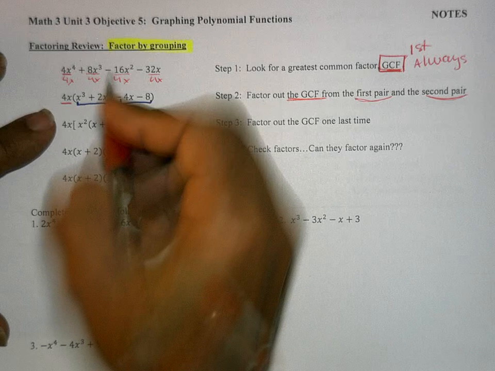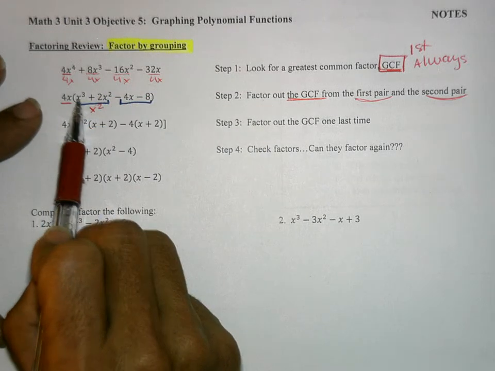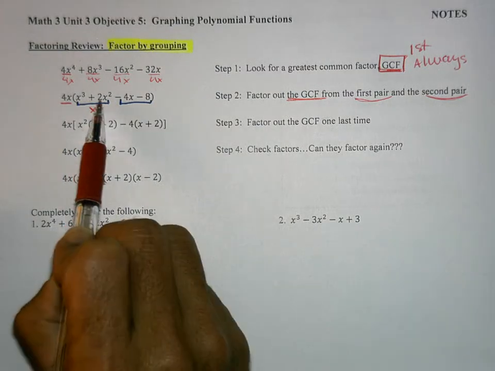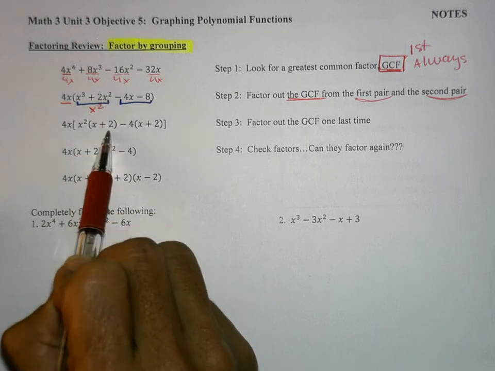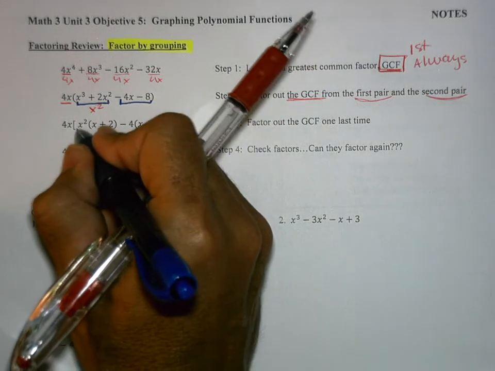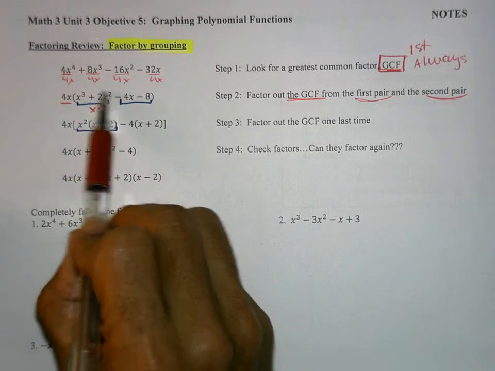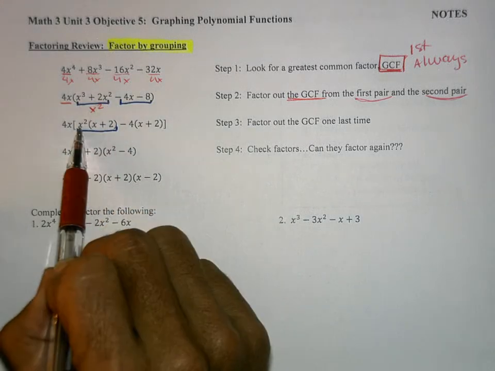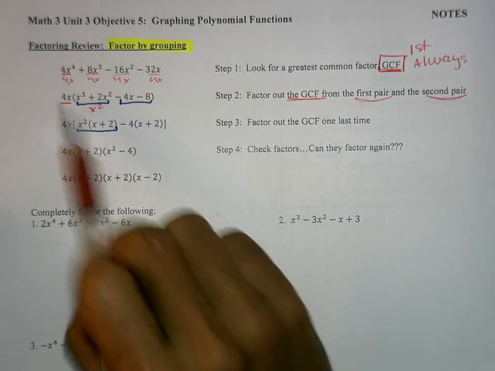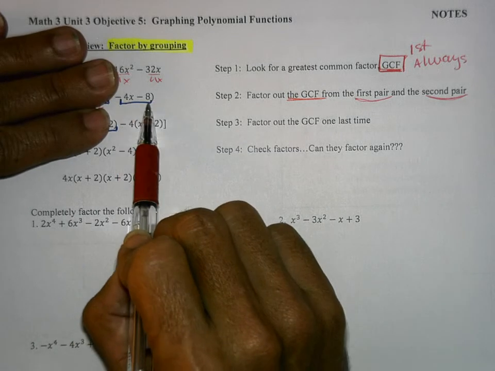When you divide these 2 terms, you divide each of them individually. When I divide x cubed by x squared, we get an x left over. And when I divide a 2x squared by x squared, we get a positive 2 left over. So this x squared times the quantity x plus 2 is just this binomial with the x squared factored out. Now I'm going to ignore everything else and only look at your negative 4x minus 8.